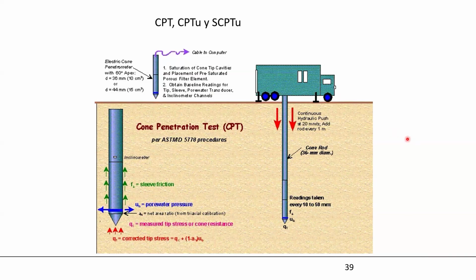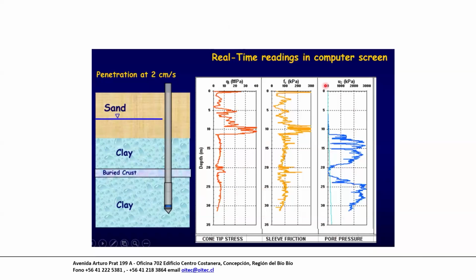You get that data on a computer automatically, and it's possible to review the development of the soil and define the kind of soil it is. This is typical real-time data when you make the test. That test is very fast. It's possible to make an exploration of 30 meters in one day if you don't have rock, bedrock, or gravel.